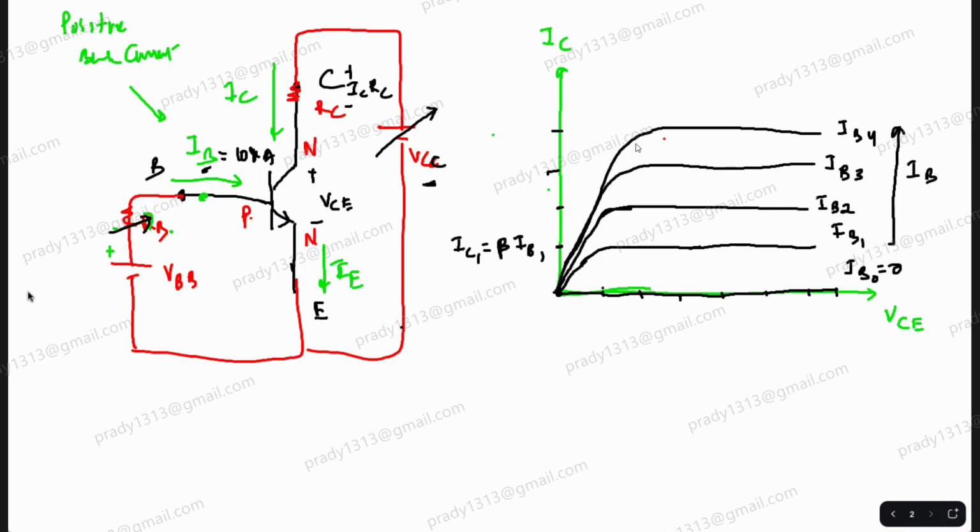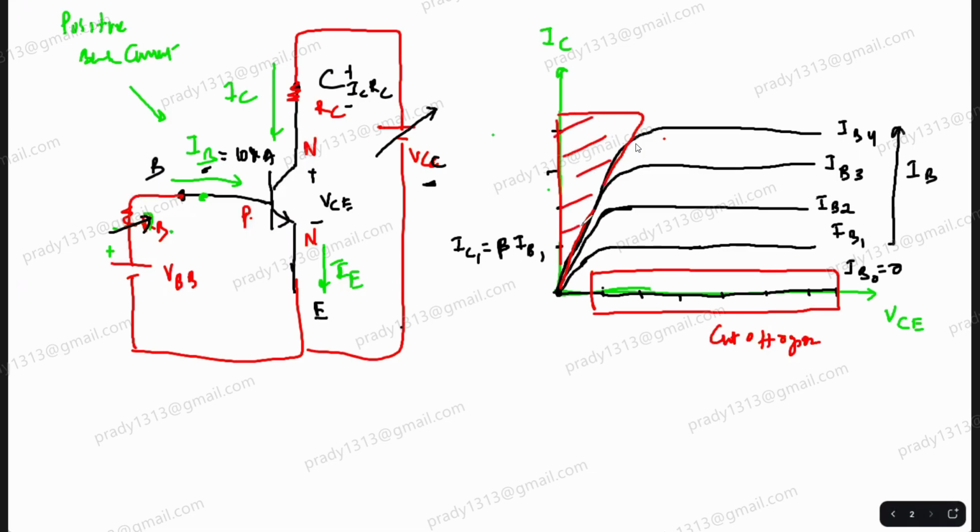Now, this region where you are not getting any conduction is called the cutoff region. This region is called the saturation region.